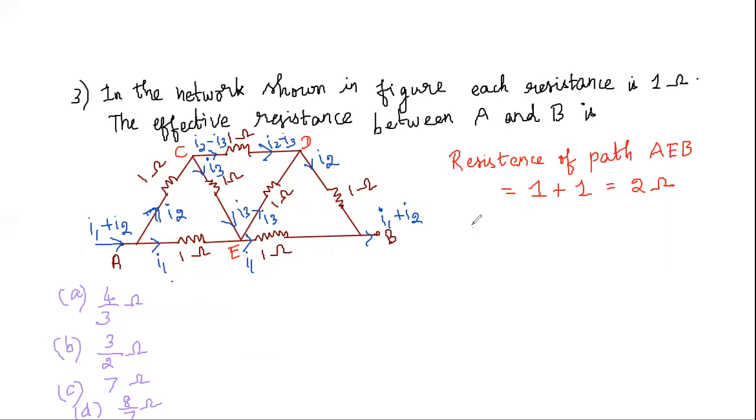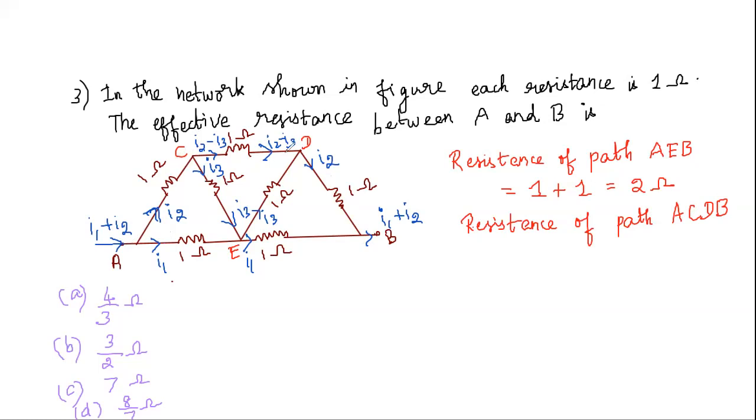So here resistance of path ACDB. That means A to C, C to D, and D to B. So like that you have to see.